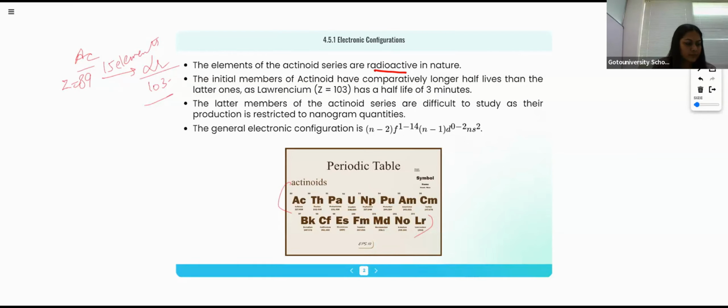Now, if we talk about the electronic configuration, electrons are filled in the 5f orbital.